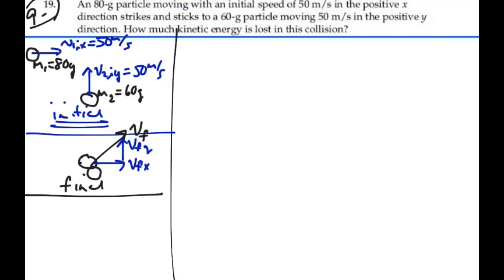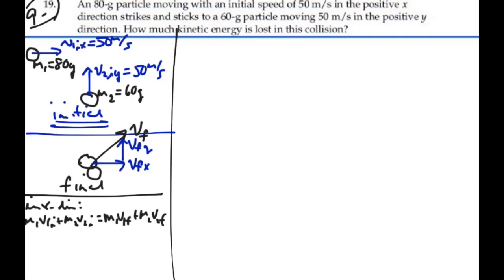Well, we know in the x direction that momentum will be conserved. Mass 1, v1 initial, plus mass 2, v2 initial, will equal mass 1, v1 final, plus mass 2, v2 final in the x direction.